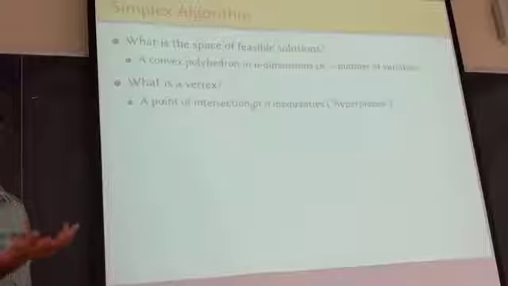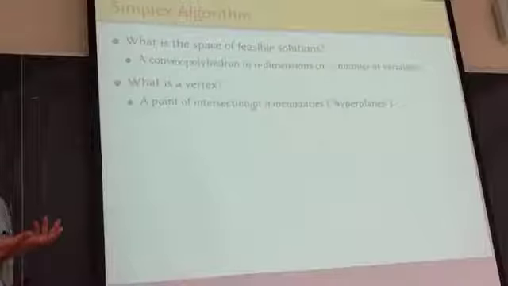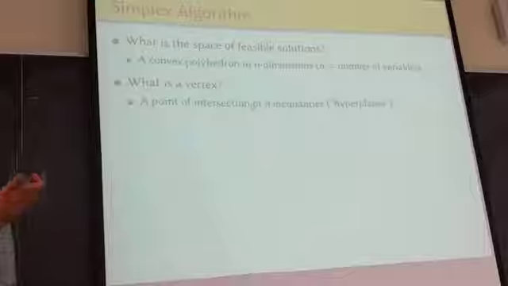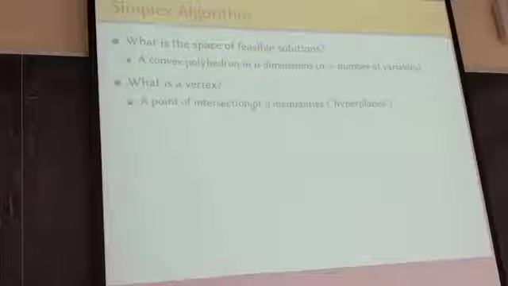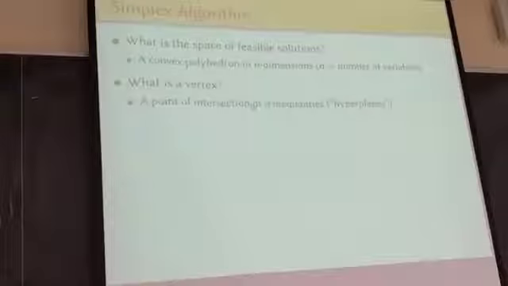If you have n variables, n quantities, that means you have an n-dimensional polyhedron, just like with two variables you had a two-dimensional polygon. So you're talking about n dimensions and objects in this n-dimensional space.